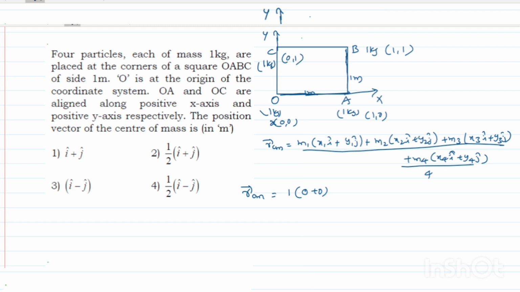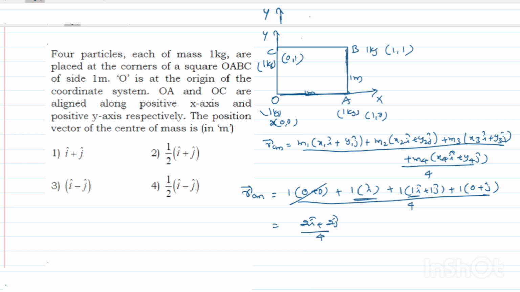Now just put all these values. M2 is mass 1, x2 value is 1 i cap, so 1 into i cap plus 0 into j cap, plus M3 as 1 kg, with 1 into i cap plus 1 into j cap, plus M4 as 1 into (0 along x-axis plus j cap), so 1 into j is j, divided by 4. When simplifying, 1 i cap plus 1 i cap gives 2 i cap, and j cap plus j cap gives 2 j cap, divided by 4.